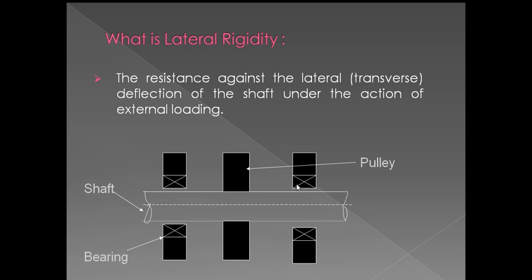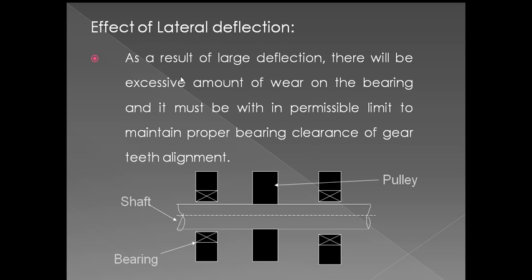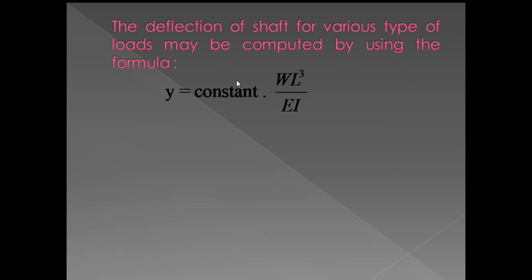Lateral deflection: the deflection of a shaft under vertical loading is lateral deflection. It should be within the permissible limit. Otherwise, if there is large deflection, there will be an excessive amount of wear on the bearing. For deflection, the value is y equal to constant into WL cube by EI.